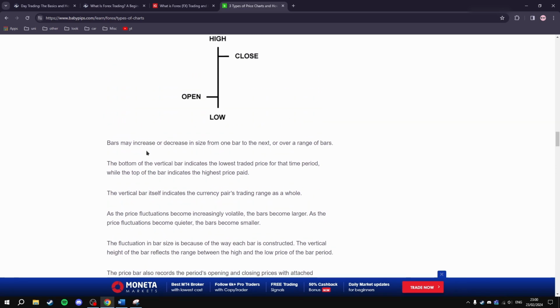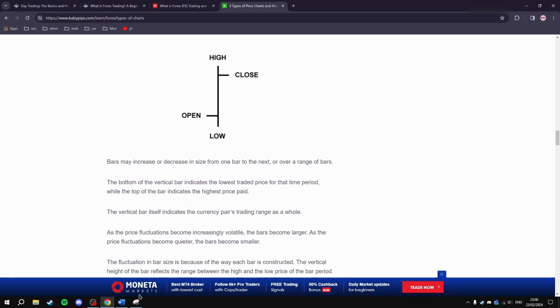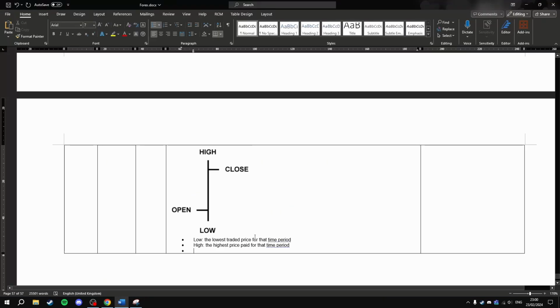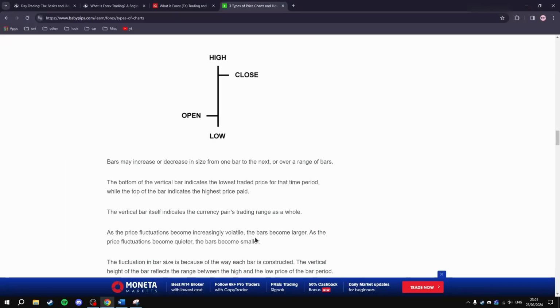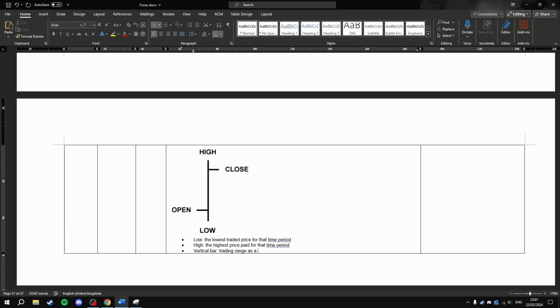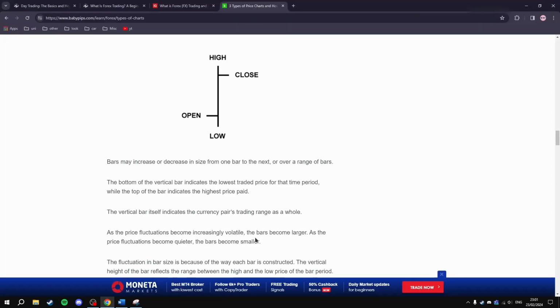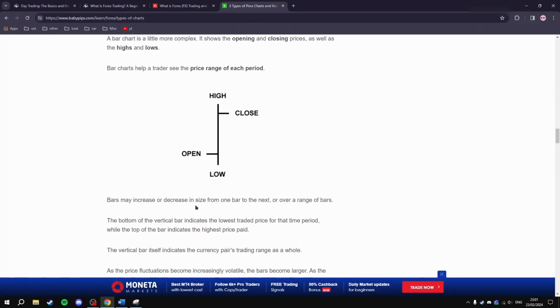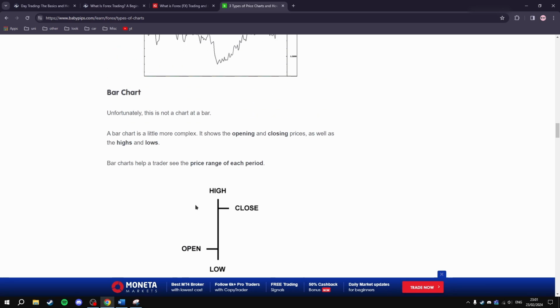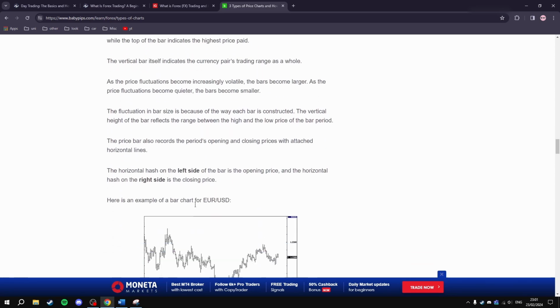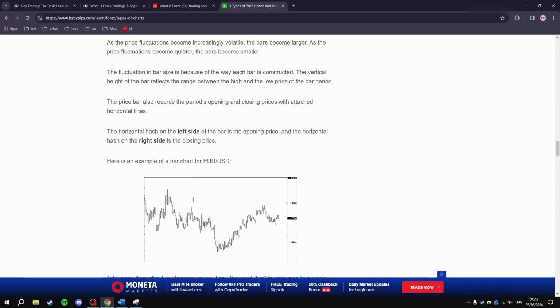The vertical bar itself indicates the currency pair's trading range as a whole. As the price fluctuations become increasingly volatile, the bars become larger.